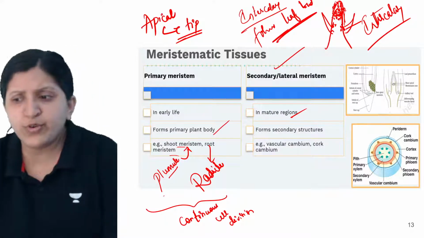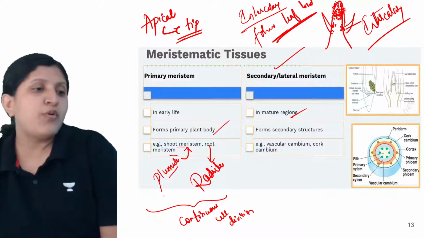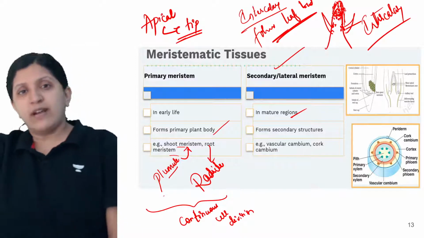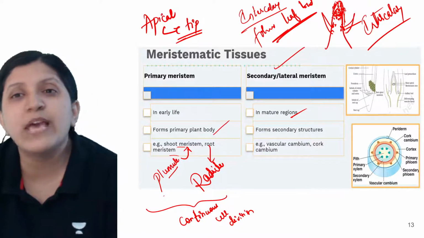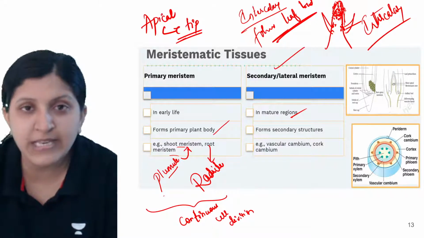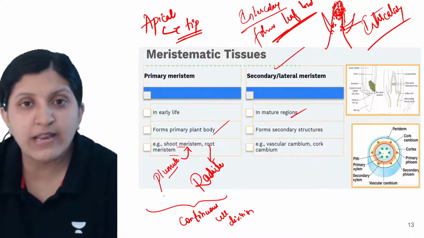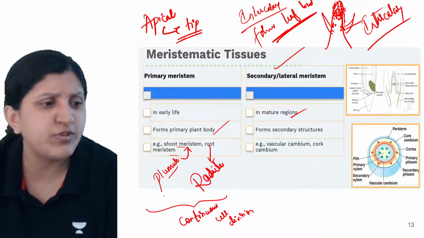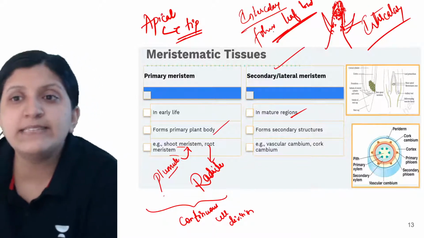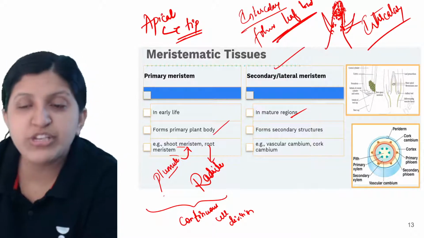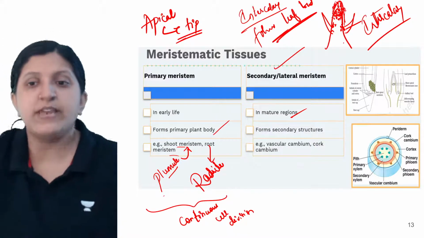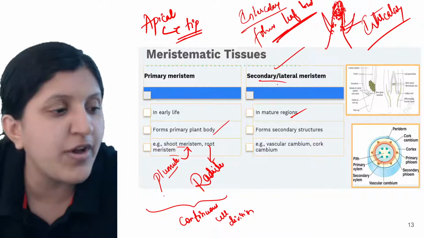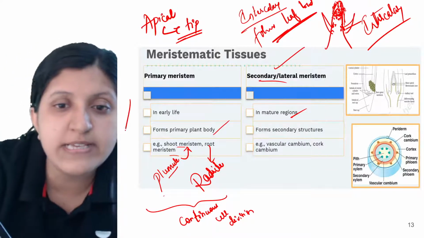Whenever you see a cow or a buffalo grazing on grasses, wherever it has cut, you can see growth of the leaf from those grasses, mainly sugarcane. In that case, intercalary meristem is the one playing a role, and that helps in formation of a leaf. This is for increase in height.